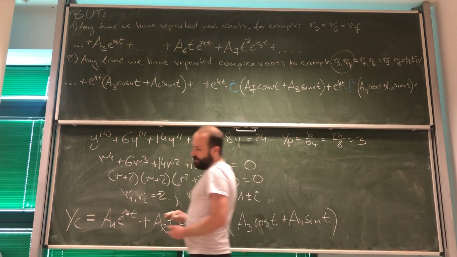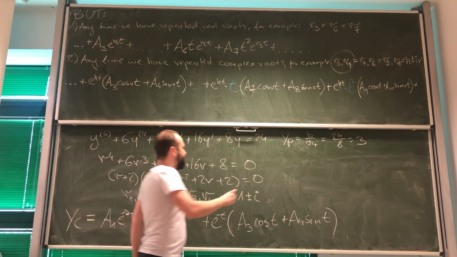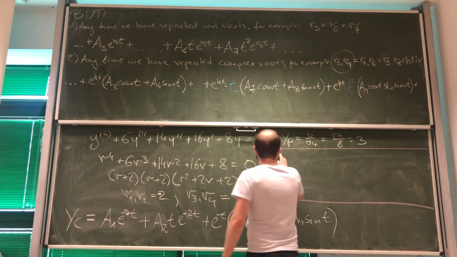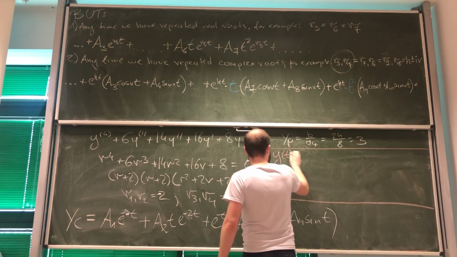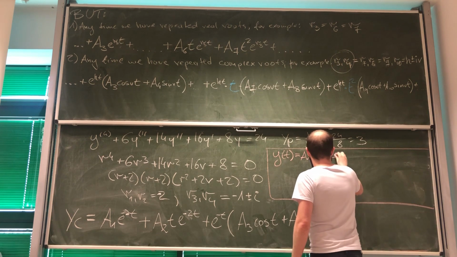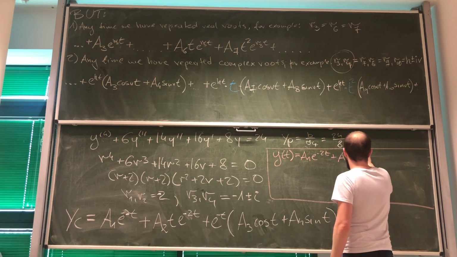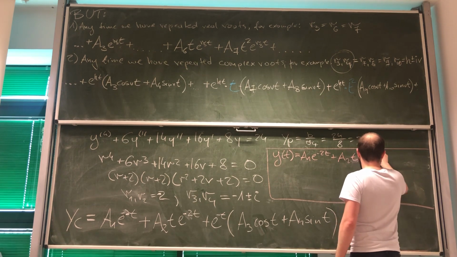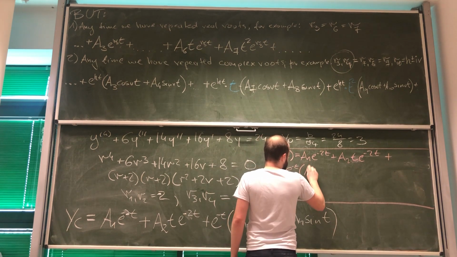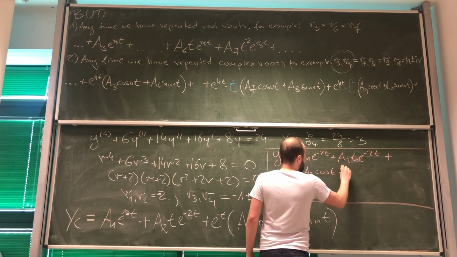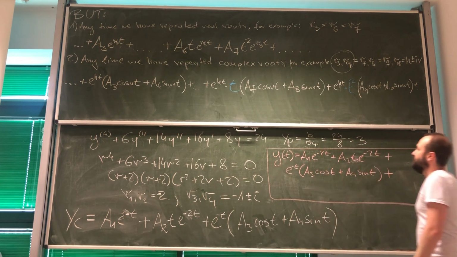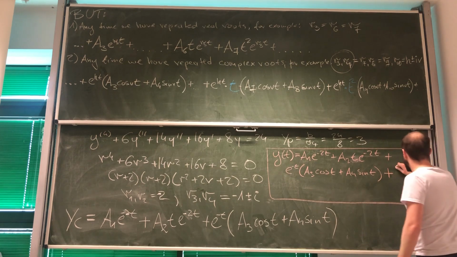Putting everything together, we should combine the complementary function with the particular integral, and it turns out that the time path of y is equal to a1 e to the power -2t plus a2 t e to the power -2t plus e to the power -t times a3 cosine t plus a4 sine t, plus the only thing missing, the particular integral, 3.